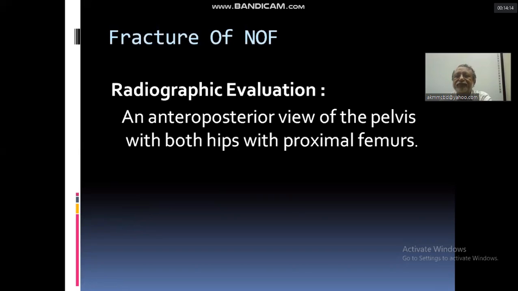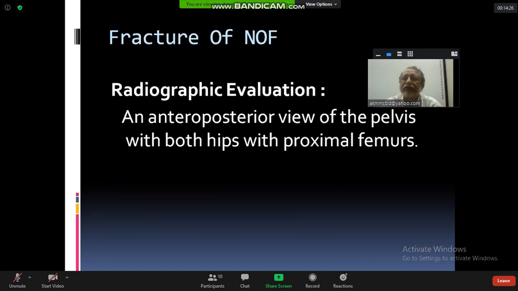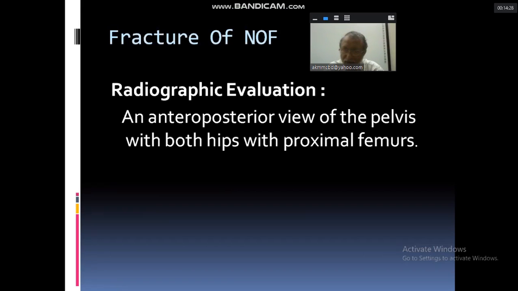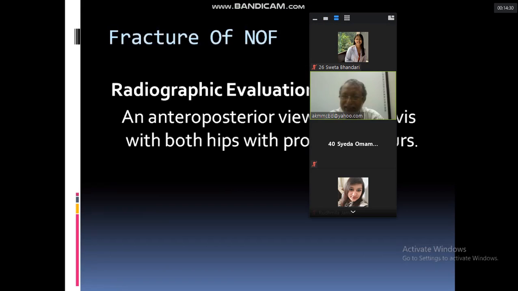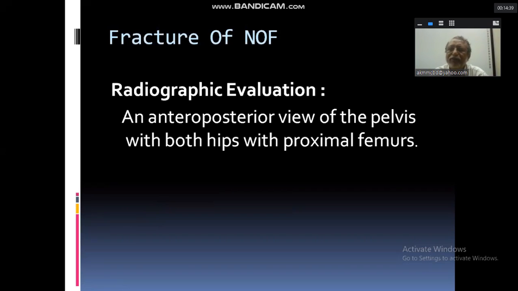Now, radiology, it is important. What do you ask? You ask for an anteroposterior view of the pelvis with proximal femurs. Don't go for any lateral view because it is painful. When you need to place the patient on an X-ray table for a lateral view, you need to rotate the hip, and that will induce much pain.